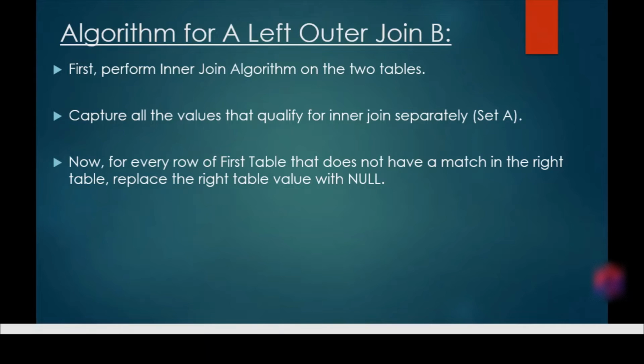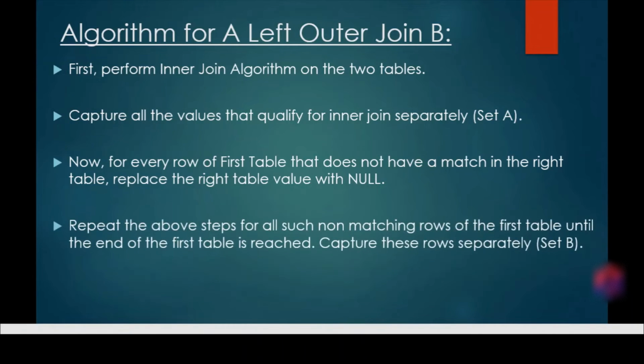For those, we simply replace the right table value with null. We repeat these steps till we have compared each non-matching row and assigned a null correspondingly for those rows in table A. We call this set of rows set B. Finally, the output, which is set A plus set B, is the required output of the left outer join.